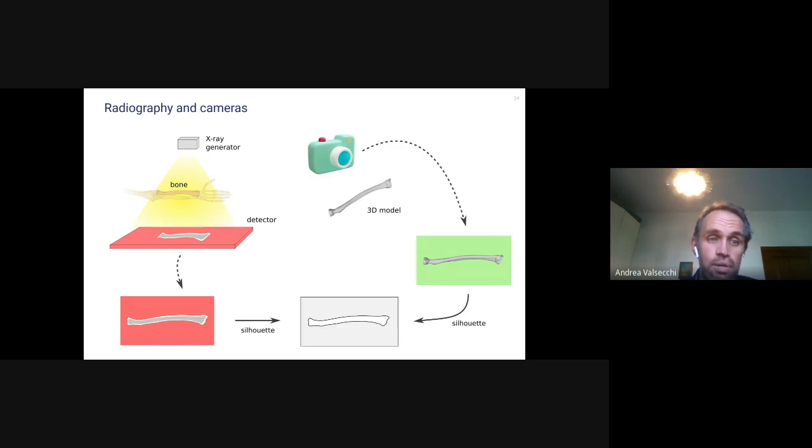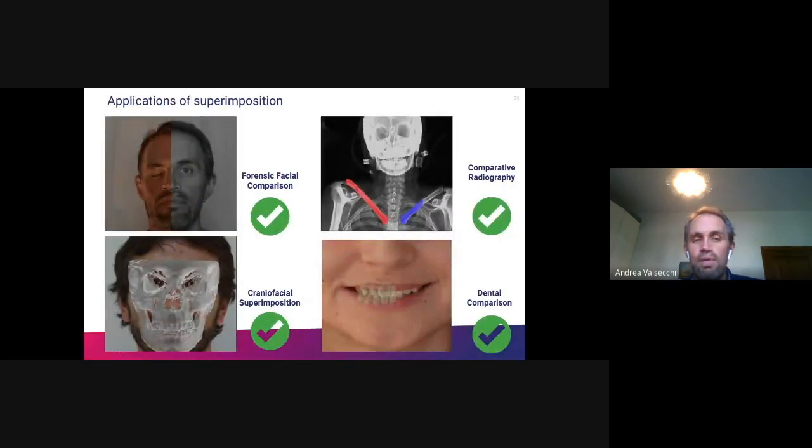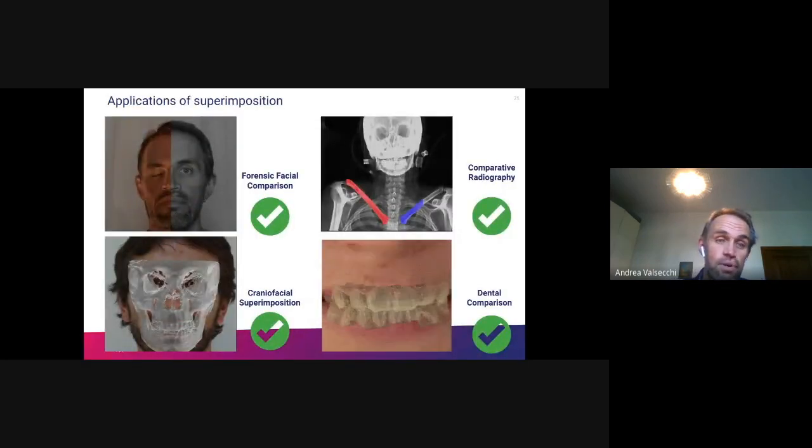Fortunately, you can see it that way, and it makes it easier. So with that in mind, everything I said before applies also to radiography, right? The same camera parameters apply to overlapping 3D models of bones on top of radiographies.